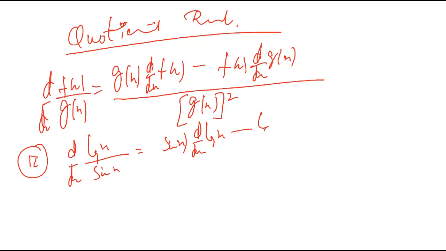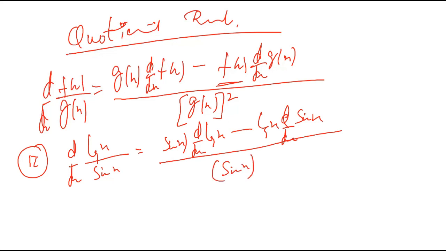Log x comes as it is because it is f(x), and I differentiate the denominator, which is g(x), sin x. In the denominator, I will have sin x whole square. So sin x d by dx of log x minus log x d by dx of sin x, over sin x whole square.